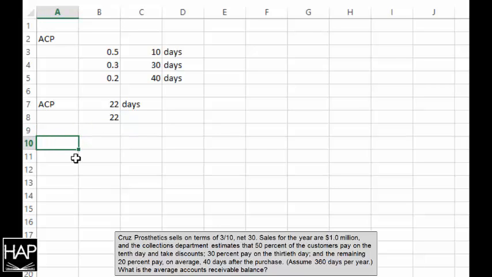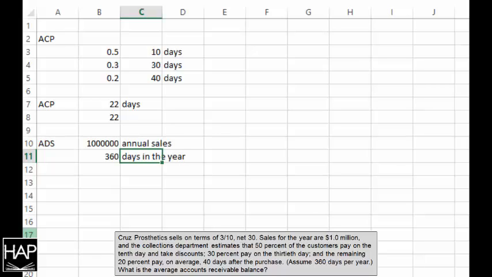In order to calculate the average daily sales, all I have to do is take the annual sales, which I was told is $1 million annually, and the number of days in the year is 360. That's just for simplicity's sake.